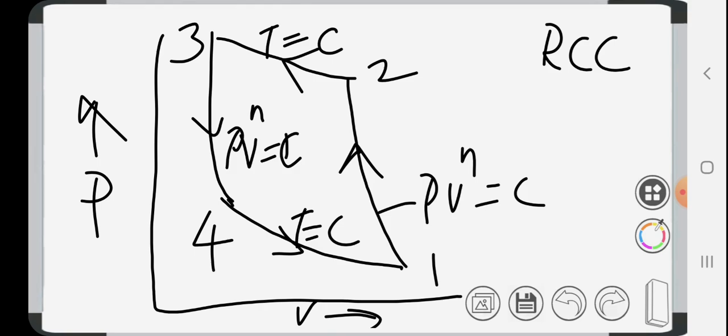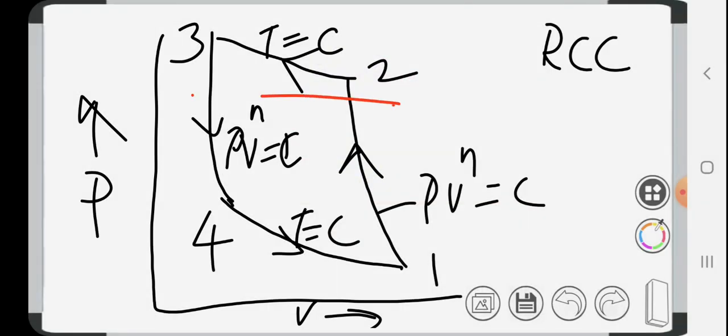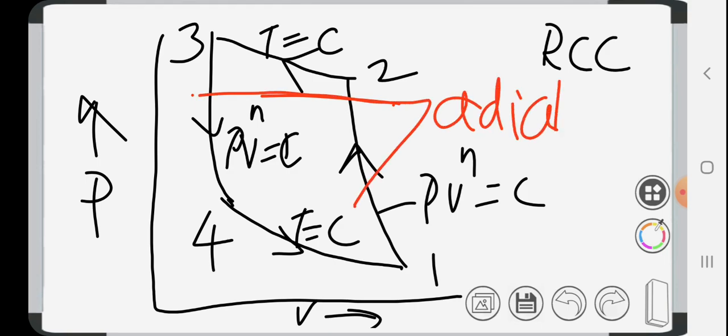Isothermal expansion means volume is increasing, pressure is decreasing. In an expansion process, volume increases and pressure decreases. In compression, volume decreases and pressure increases. So that is the difference between expansion and compression. These two are adiabatic, right?